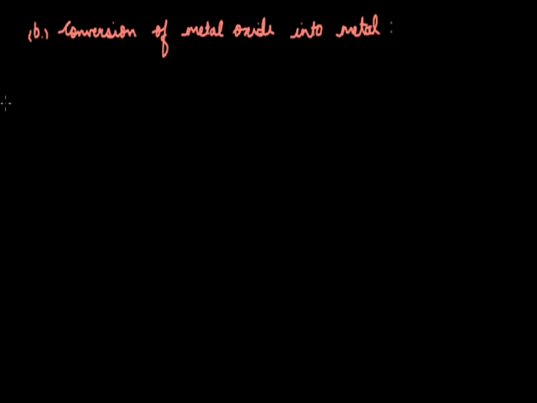Now after converting the ores into metal oxides, we will study the second part of the reaction, that is, conversion of metal oxide to metal. The metal oxide formed after calcination or roasting is converted into metal by reduction.